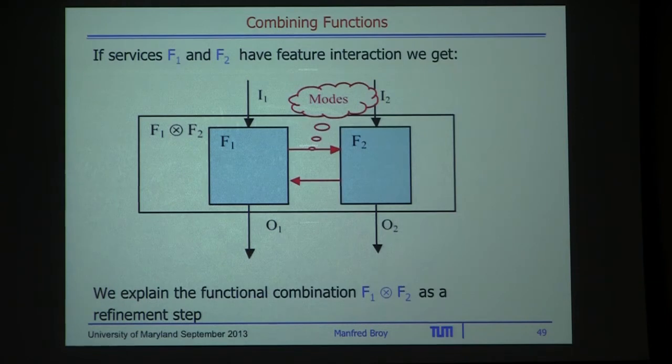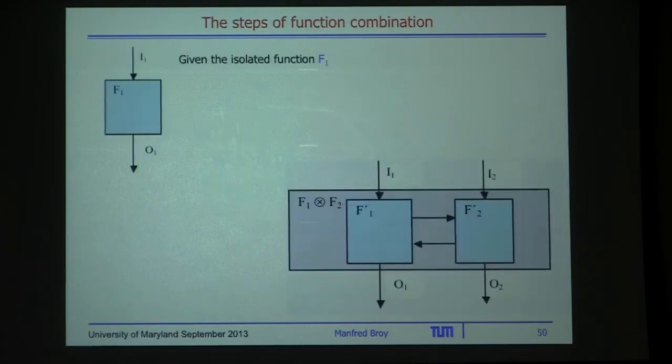So we introduced what we call modes, operational states, which are modeled by messages which are exchanged between the functions. And then we can go from isolated steps to steps where functions have interactions.